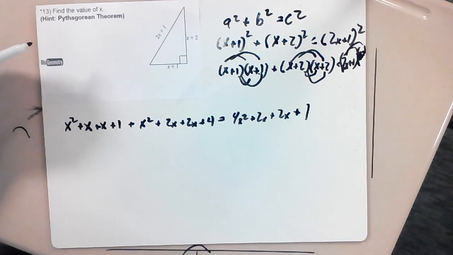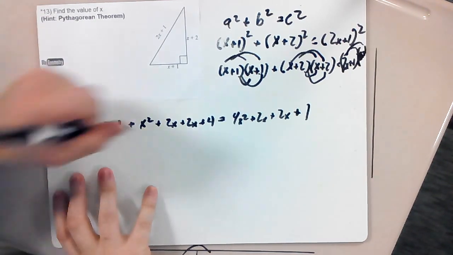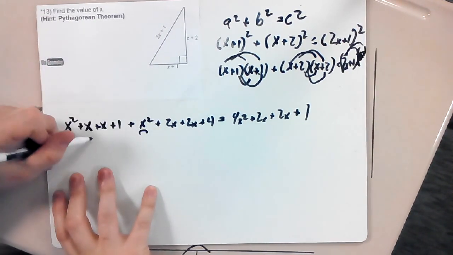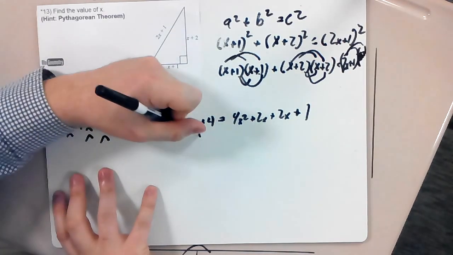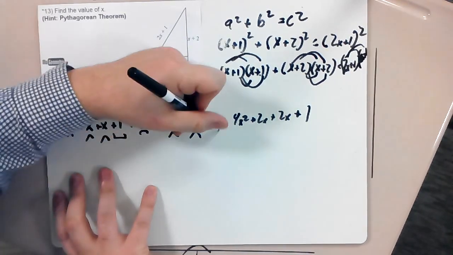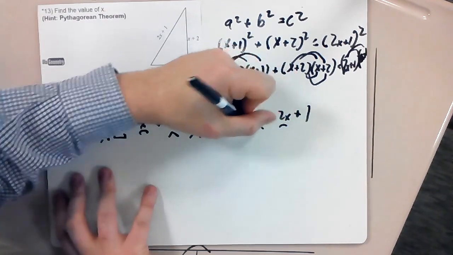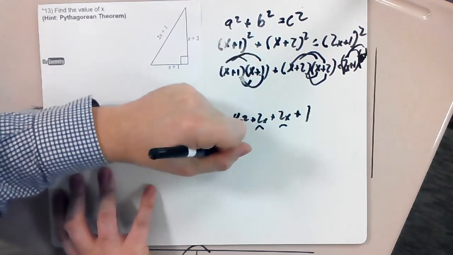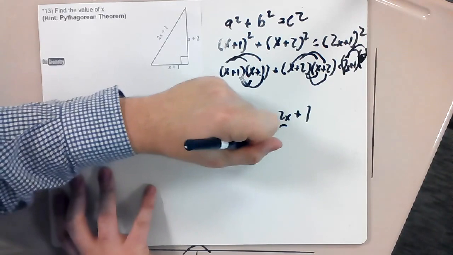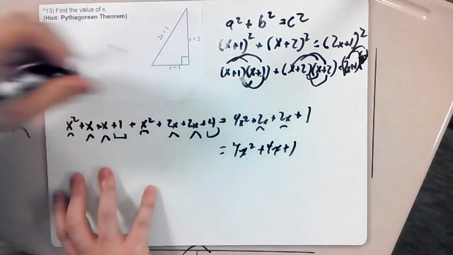Now I'm going to combine like terms. So on this side, I'm going to have 4x squared plus 4x plus 1.